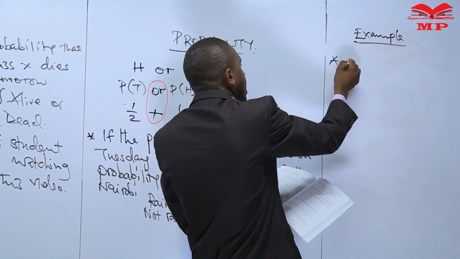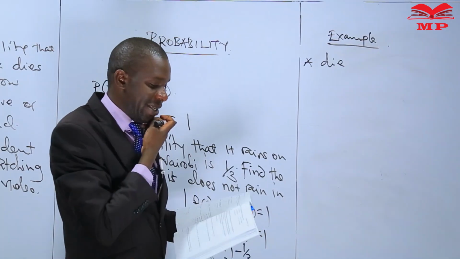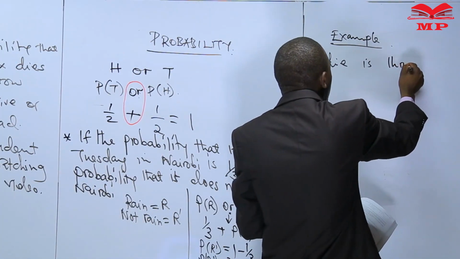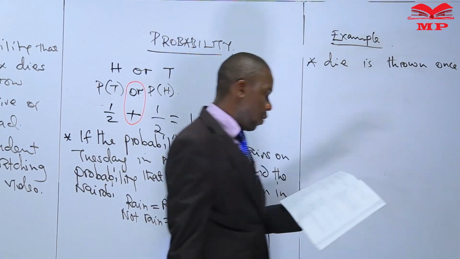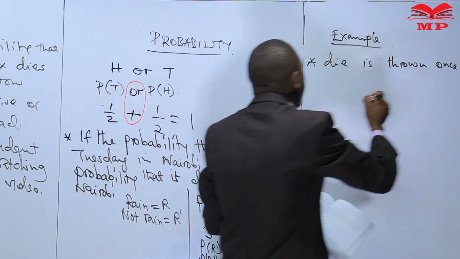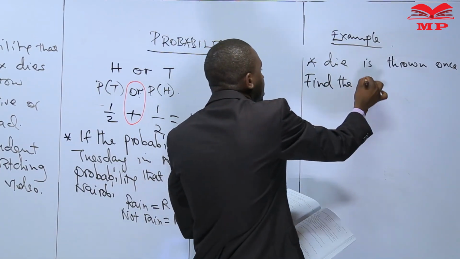A die, we say that a die is the singular form of dice. So a die is thrown once.